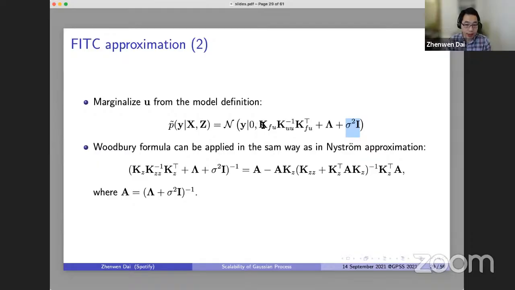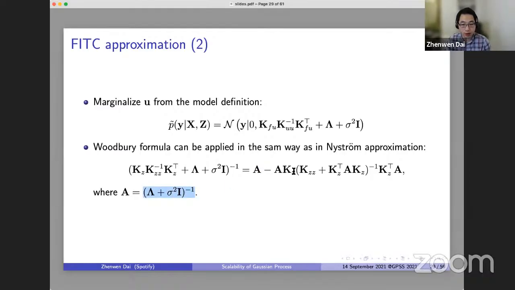Again, these formulations can be calculated efficiently because we can again apply a Woodbury formula when calculating the log density of this multivariate normal. Apply similar rules. This time we have A instead of sigma square inverse I because it's a diagonal but not an identity matrix anymore.